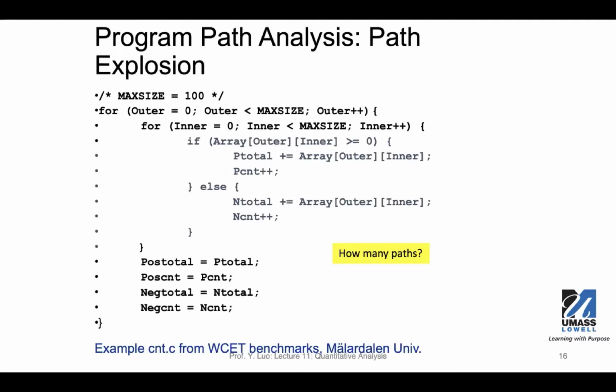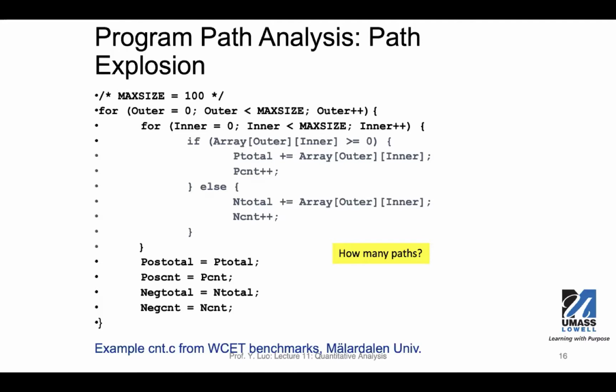Is it 20,000? Okay, that's a good guess. So here we're not really talking about just one-time execution. If you have input data, let's say you have an array full of data integers, then that will deterministically tell you whether you go this way or this way.